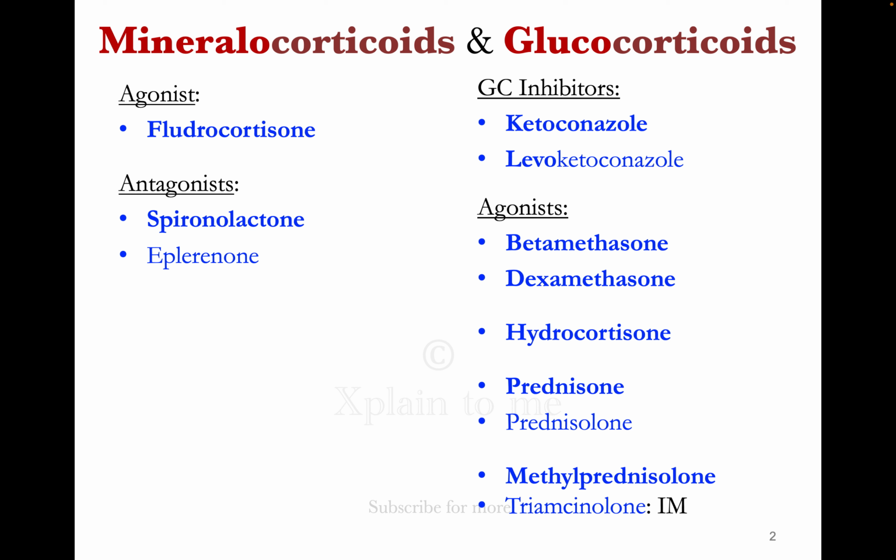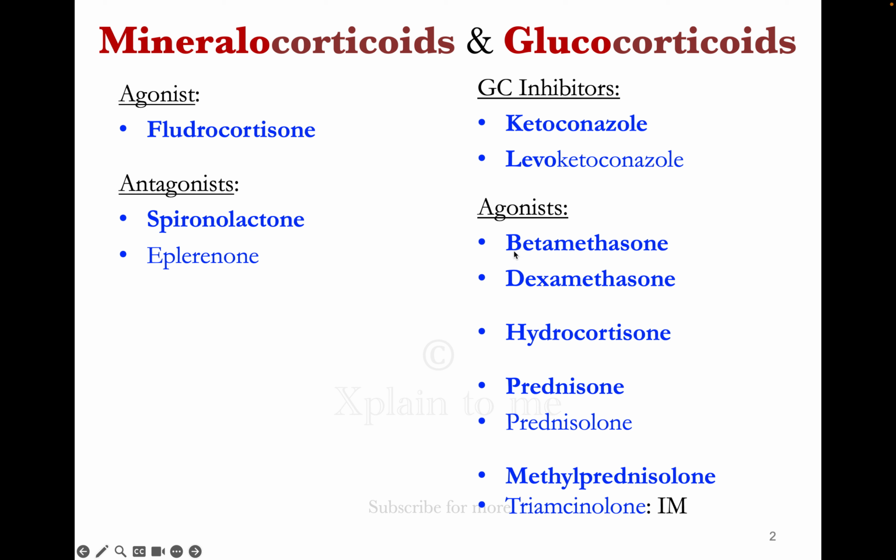Let me classify it into a few blocks so that you understand and never forget these points. The first two drugs, betamethasone and dexamethasone, have a longer half-life and are fluorinated glucocorticoids.